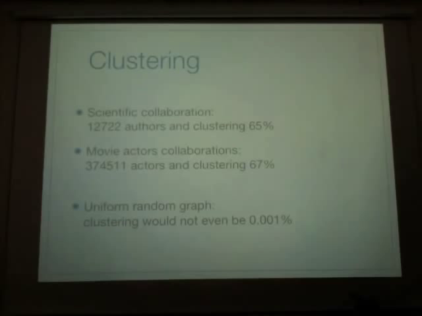So what is the clustering coefficient? You take a node U and look at its friends, and you count the number of connections between its friends. Imagine that it has D friends, where D is the degree, or connectivity as you like.